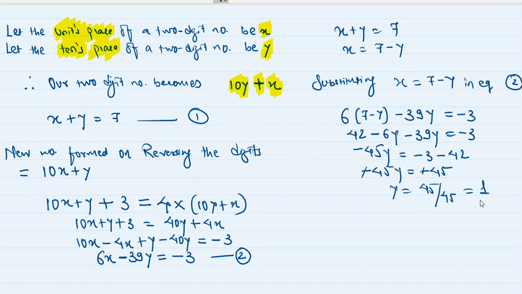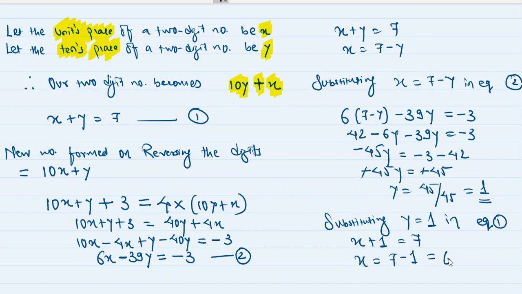Now I got the value of y. That's not all. I need to find the value of x as well. So substituting y is equal to 1 in equation 1, so x plus 1 is equal to 7. x is equal to 7 minus 1, which is 6.